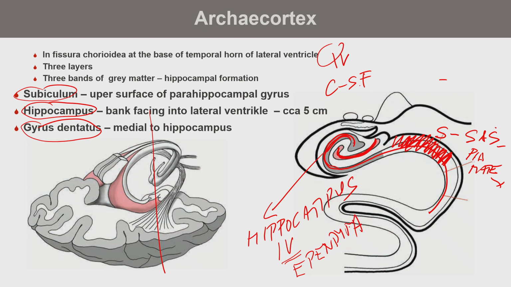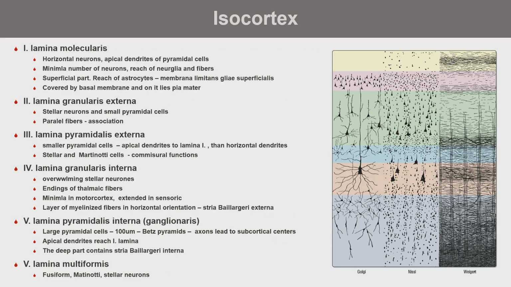So this is a gray matter, only one gray matter which is facing the intraventricular space. And the last, the C1, is a gyrus dentatus, dentate gyrus. So those are three-layered archicortex. Those archicortical parts are a part of archaeolimbic system, so part of limbic system.